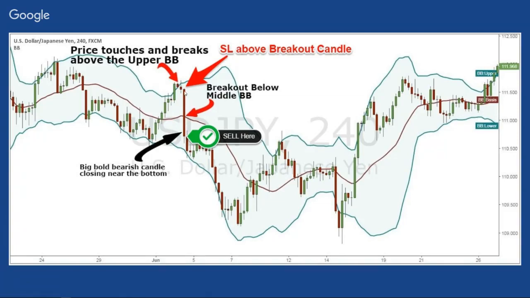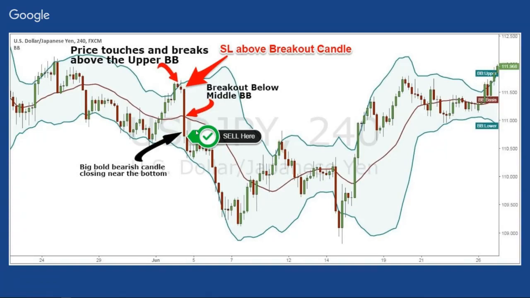So if price pushes down like this and then is up here again, then you know that this momentum is gone. In fact, I would be tempted to close this if I got any candle close above this middle. But a hard stop loss up here will protect you in case you're not paying attention when price pushes up.